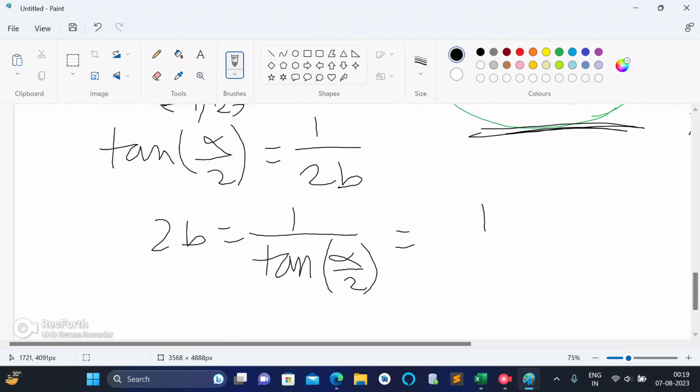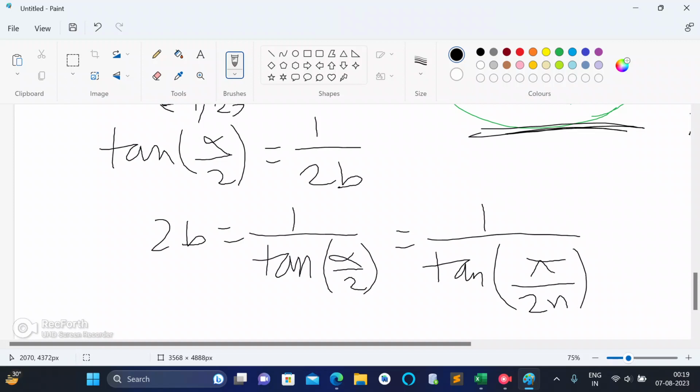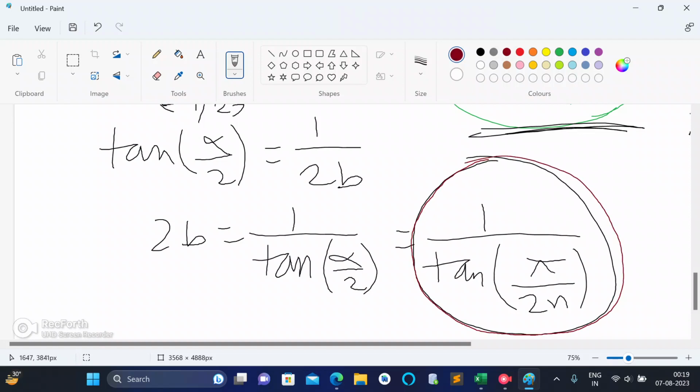And I know from equation 1 that alpha is pi by n. So I substitute here: 1 by tan of pi by 2n. This is my answer. If the question says n is equal to 3, I directly put n equal to 3 in the formula. So my answer becomes 1 by tan of pi by 6.